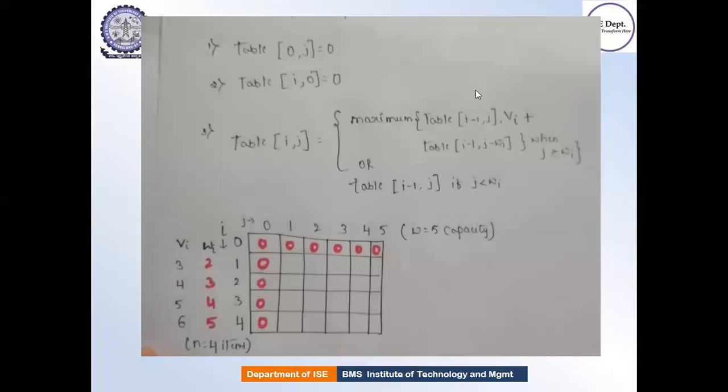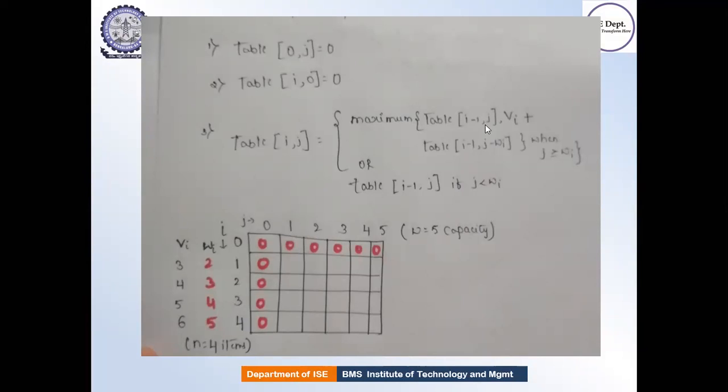This is one value. Comma, the next is vi plus table of i minus 1 comma j minus wi. The i minus 1 will remain the same, j minus wi, and vi you are adding. This should happen where the j value is greater than or equal to wi. Remember, if j is greater than or equal to wi, just start using this formula.